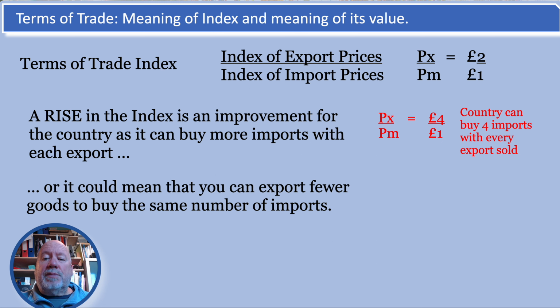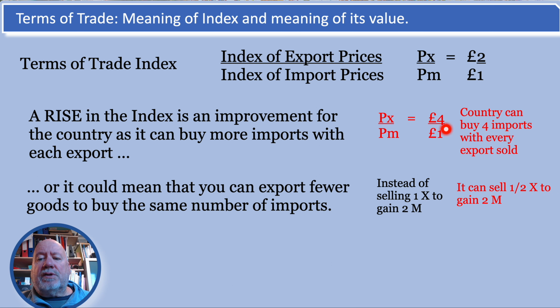Now, it could also mean, another way of looking at it, and worth extending your analysis if you were writing this, it could mean that you export fewer goods to buy the same number of imports. So here, initially, I had to sell 1 export, gave myself £2, and then I could buy 2 imports. Whereas if the price of exports has gone to 4, when I sell my export I get £4, so I only have to sell half an export, getting £2, to then go into the market and buy 2 imports.